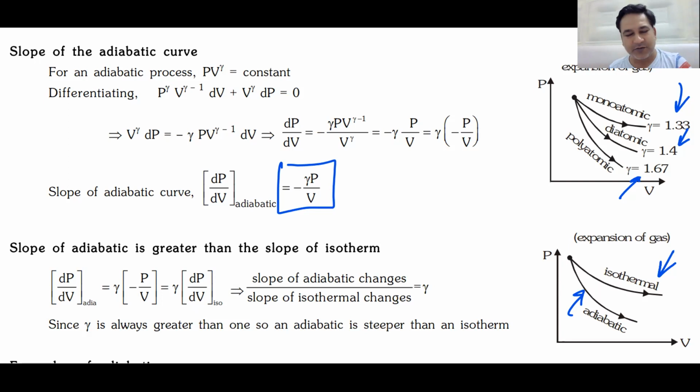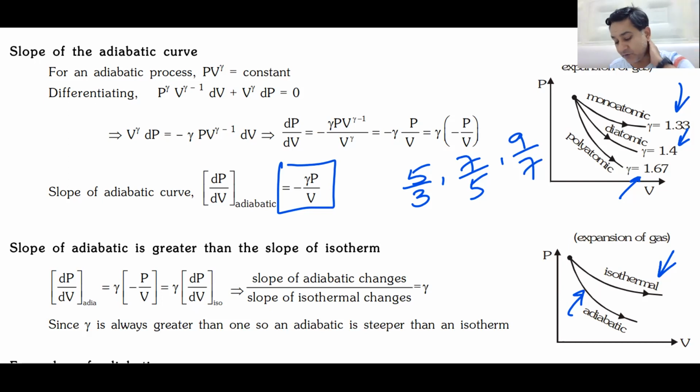What is the gamma for a monatomic gas? 5 by 3. Gamma for diatomic gas? 7 by 5. And for a polyatomic gas, 9 by 7. Yes or no? Yes, sir.